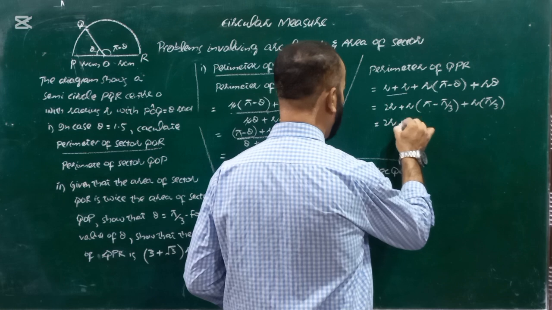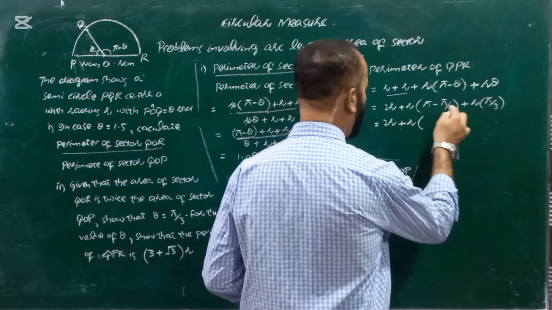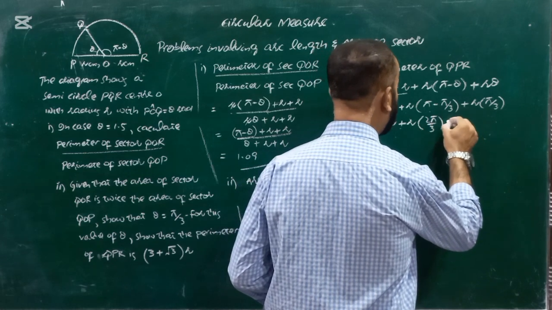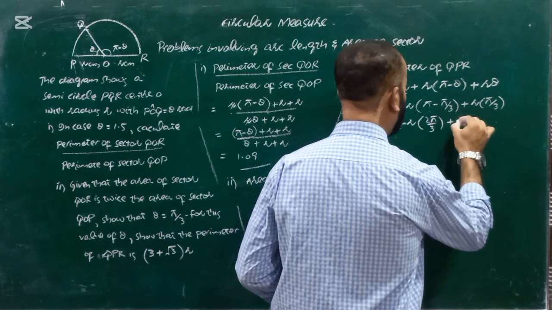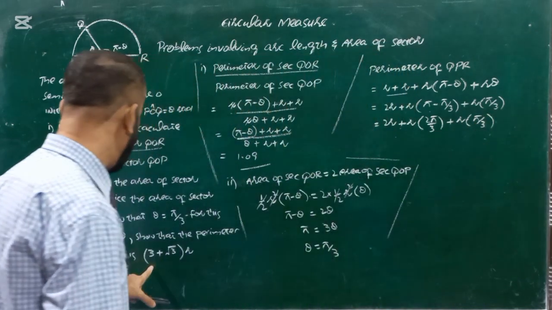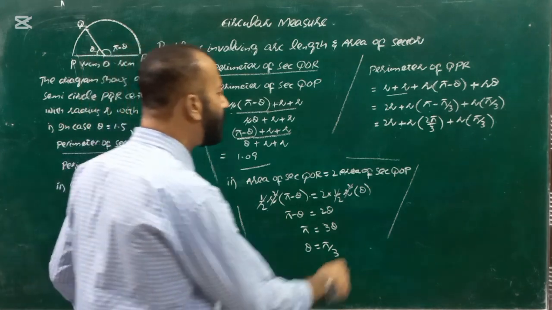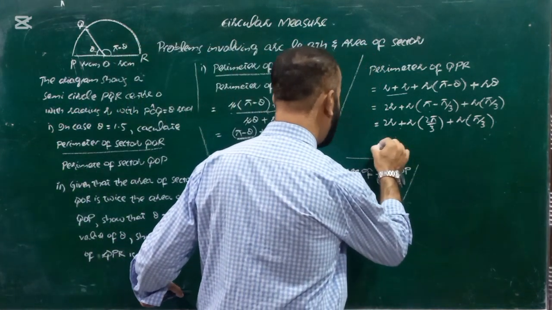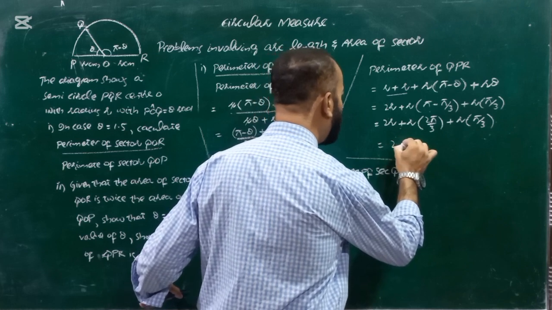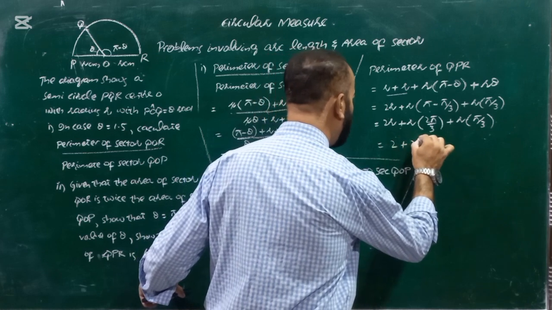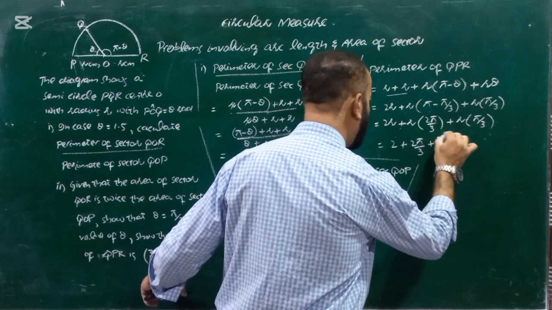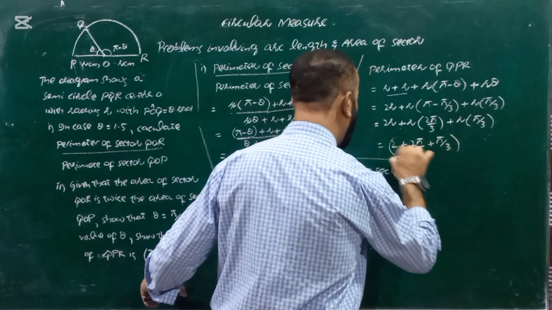Okay, 2R plus R into 3 pi minus pi, 2 pi by 3, and here is R into pi by 3. So actually we have to come here, that is this thing. So if you look, R is common throughout, so remainder will be 2 plus 2 pi by 3 plus pi by 3, and R is common now.